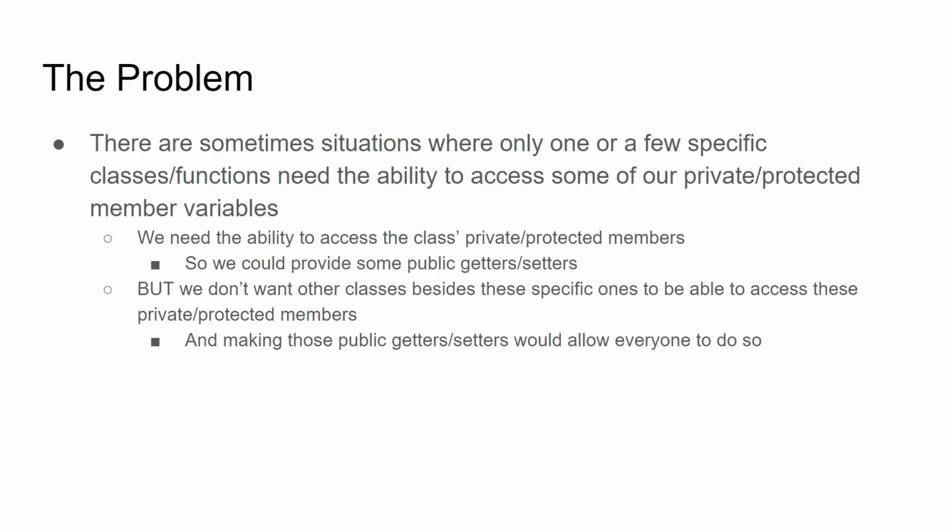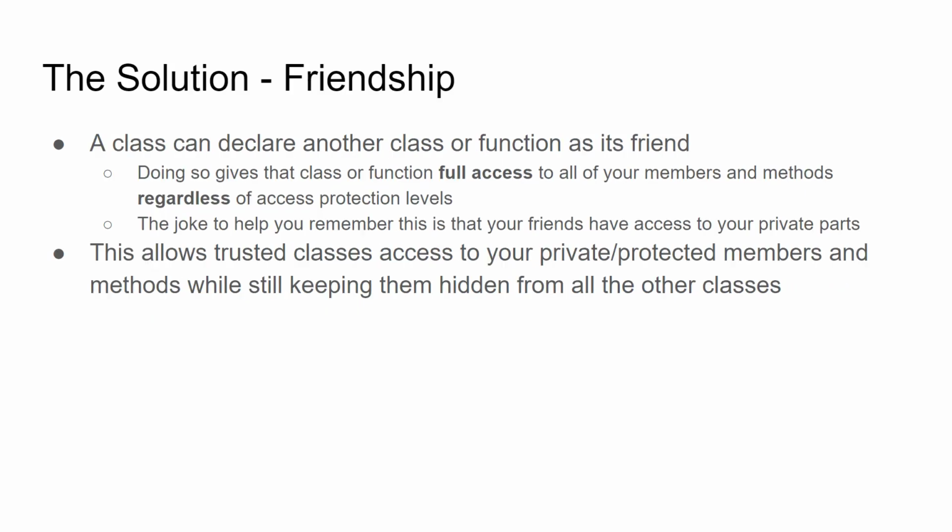But again, the thing here is we don't want everybody to have access to those things, right? If we make those getters and setters public, everyone can then use them. But we only want to make sure that specific classes or specific functions are able to access those members.